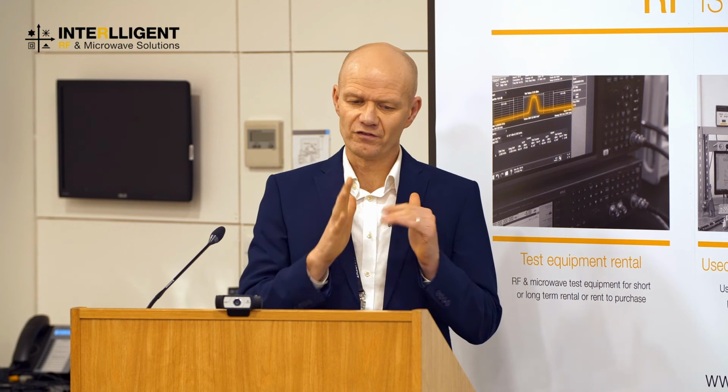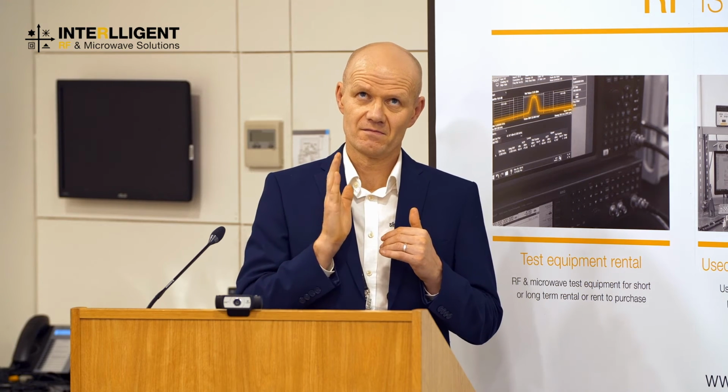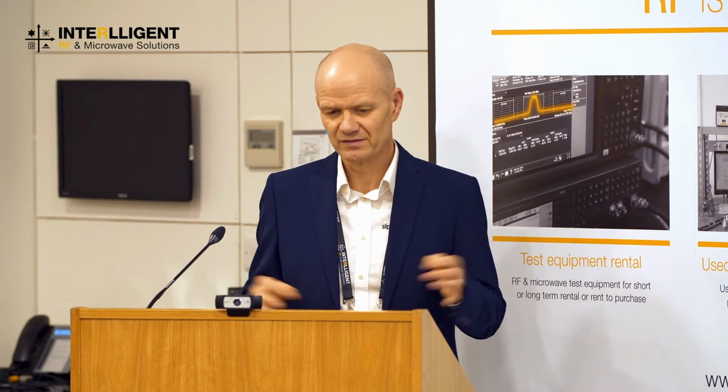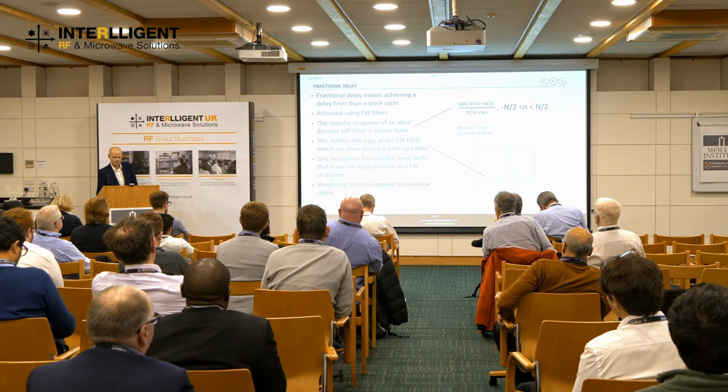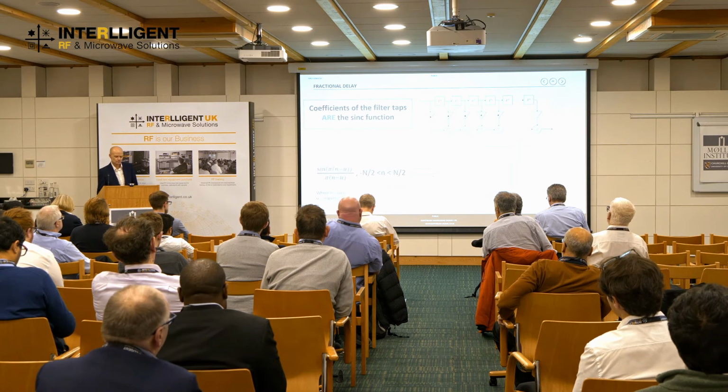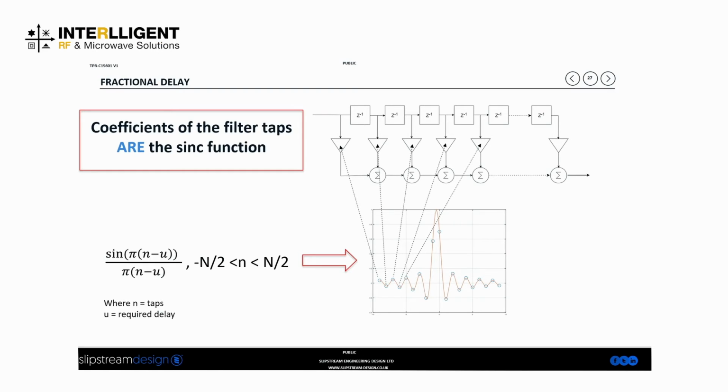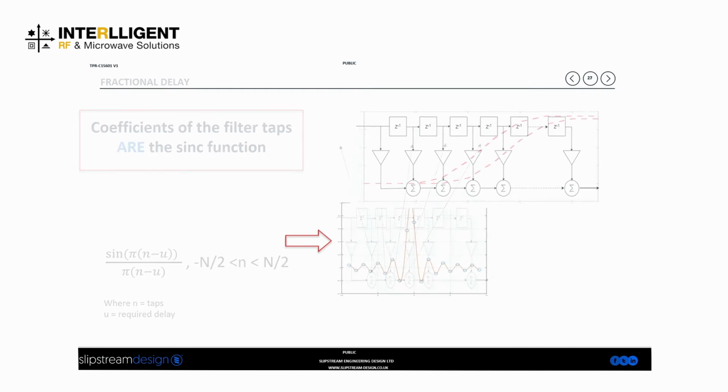When we're off integer values, then we have to apply a weighting function as well, but that's a detail really. As I said, the coefficients of the FIR filter are the sinc function. So for every beam angle, we need a set of coefficients. If we want to change the beam angle, we have to update the coefficients.